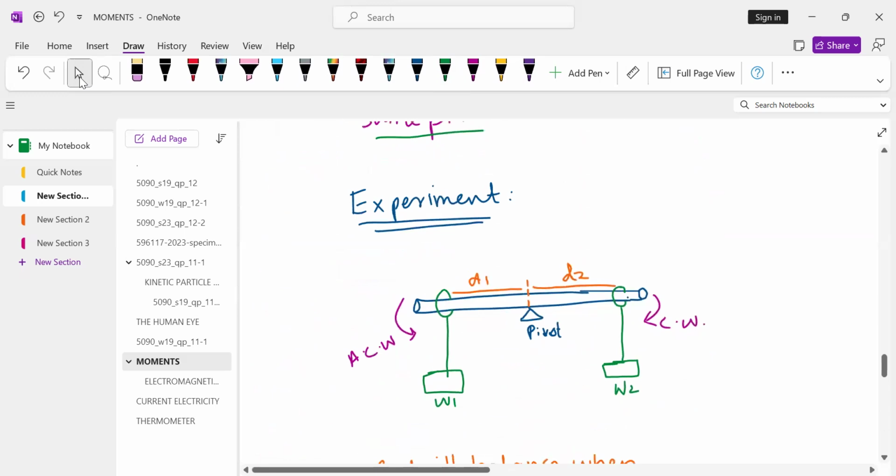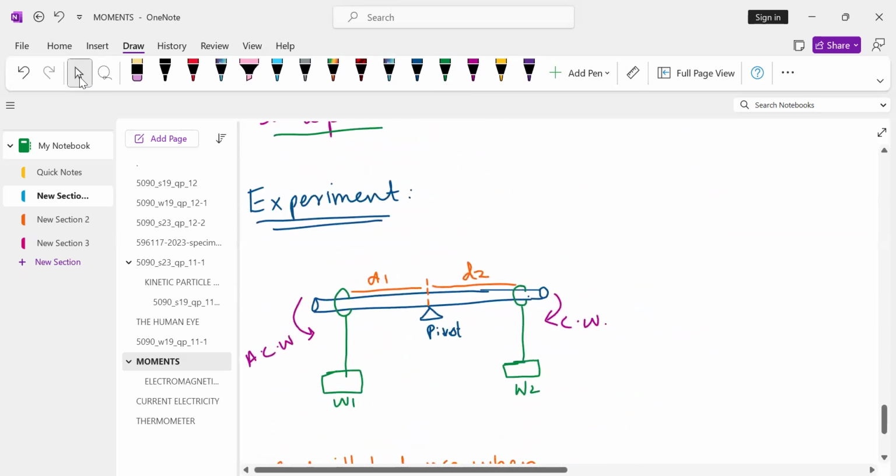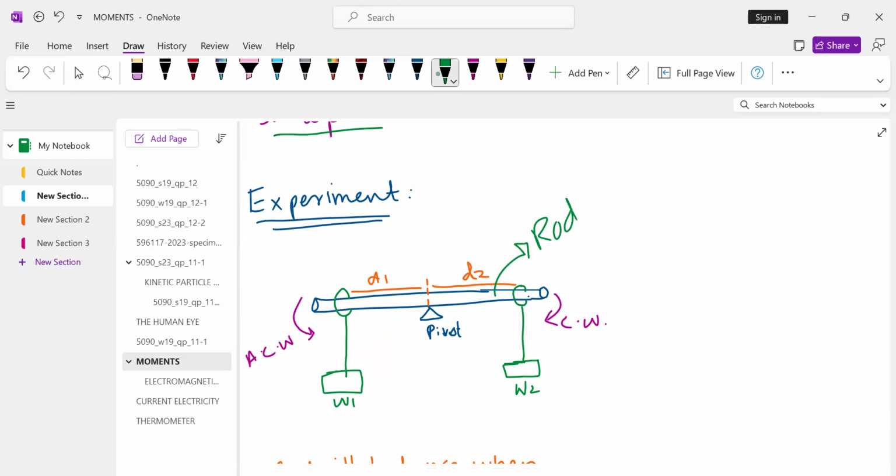To verify this principle of moment, we have an experiment. Experiments usually come in P4, and sometimes they can come in P2 also. The experiment is this: a rod is given here, and we have attached a W1, or weight 1, at the left side. And here is the pivot, and the distance is D1, where W1 is attached, the perpendicular distance from the pivot to the force.